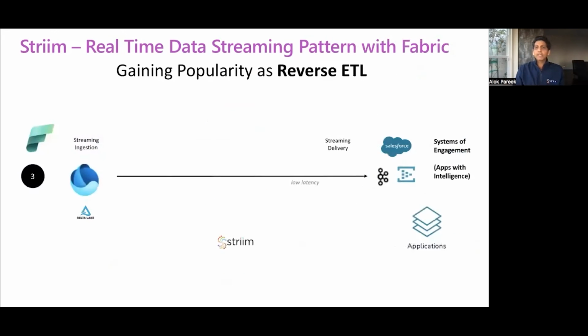The next one is also gaining popularity as something called reverse ETL. The idea is that once data gets delivered into Fabric, you want to massage it using your Spark jobs or additional workloads, maybe SQL workloads, and then move that back into the operational system so that you can make the system of engagement very action-oriented.